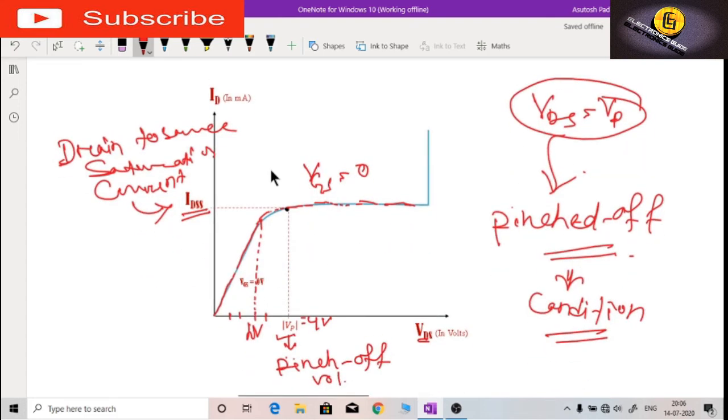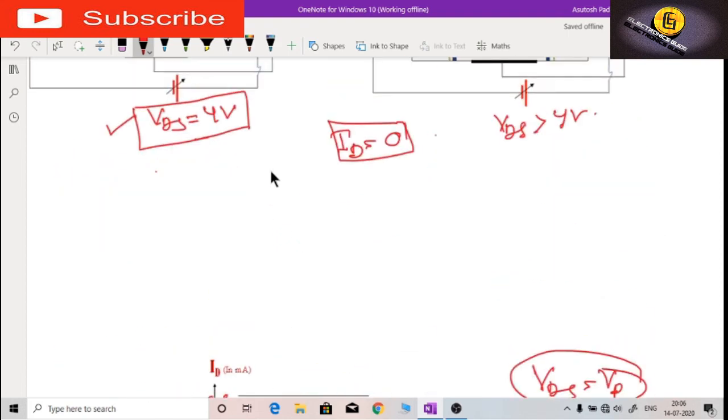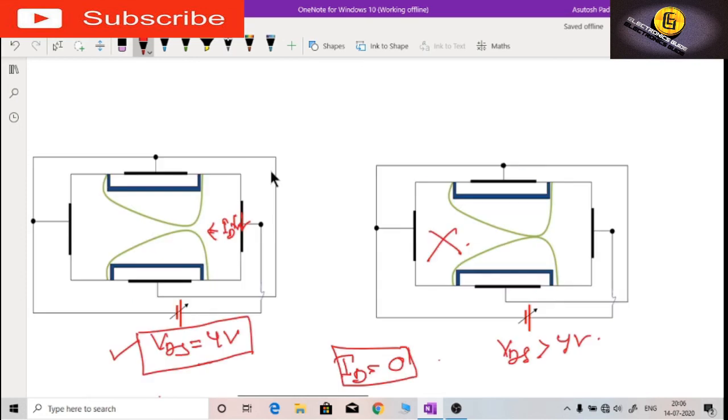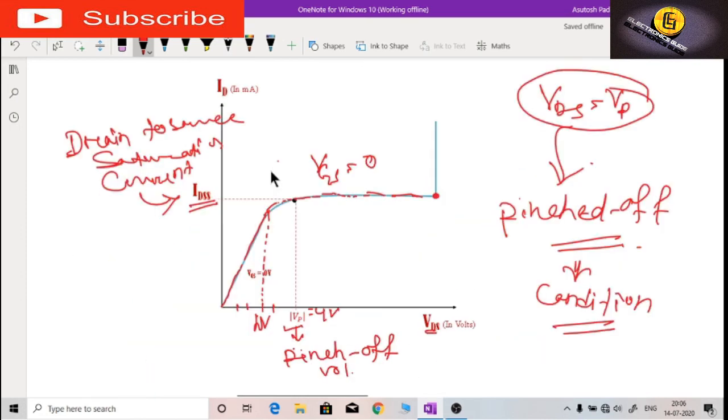If we are further increasing the voltage of VDS, it will reach a particular point at which a huge amount of current will flow through the PN junction, making the PN junction breakdown. This voltage is known as breakdown voltage.